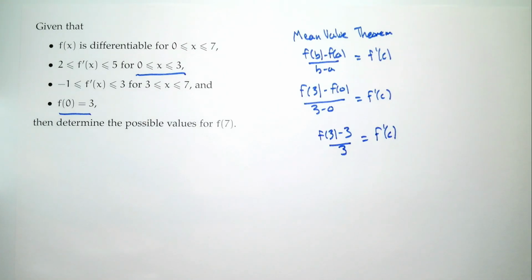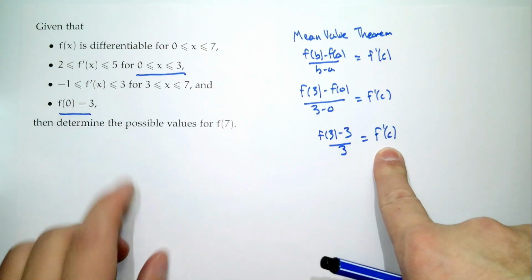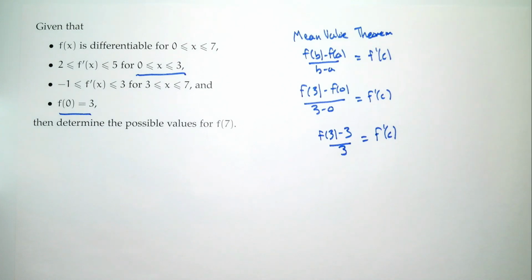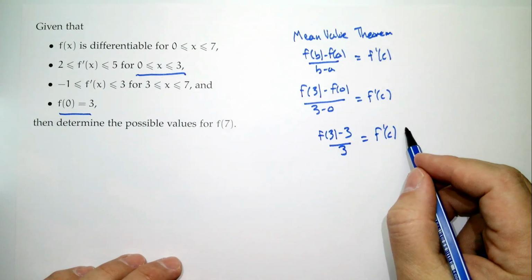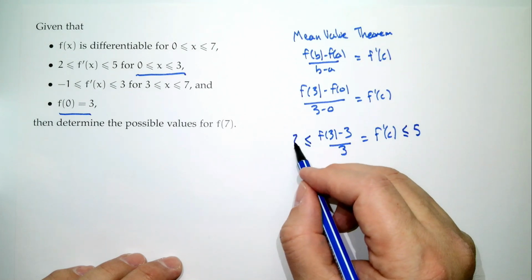Now at this point we might say, well, we're kind of stuck, aren't we? But now we have that one other thing that we haven't talked about. We said, hey, we know something about the derivative. So this value on the right-hand side isn't just any number. It's got to be a number between 2 and 5. So this quantity is less than or equal to 5 and greater than or equal to 2.